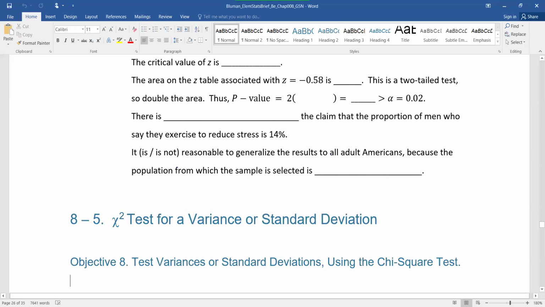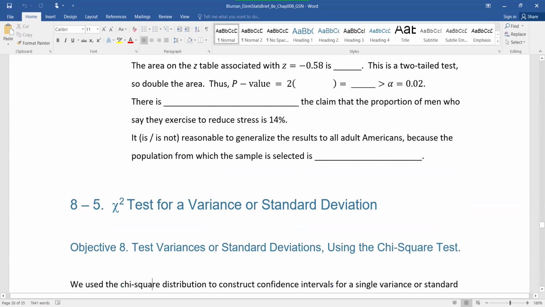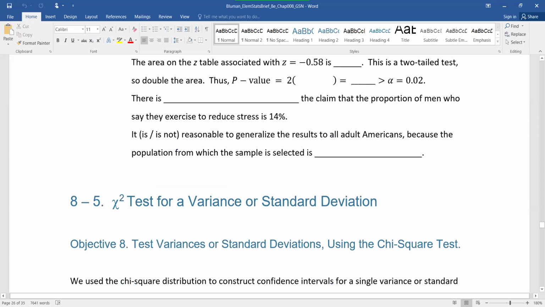All right, last part here. We did that part, right? Okay, so here we go. The area on the Z table associated with negative 0.58 is what? No, bring it back. Remember, this is going to be on the left side, the negatives. 0.2810 is correct, okay?